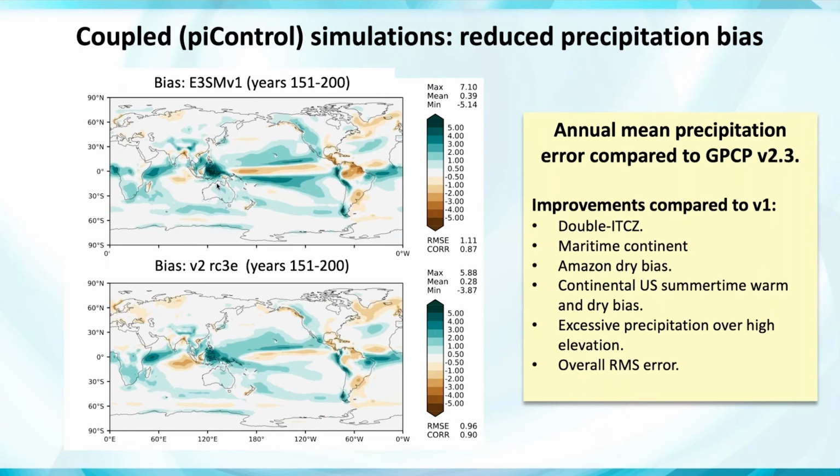The maritime continental excessive precipitation is improved, it's reduced a little bit. The Amazon dry bias is much improved as well. We also see some improvement in the US continental summertime dry bias. It's not obvious in the annual mean. Excessive precipitation over high elevation is also reduced, and then overall the RMS goes down from 1.1 to 0.96, 15% or so. That is actually a very significant improvement.